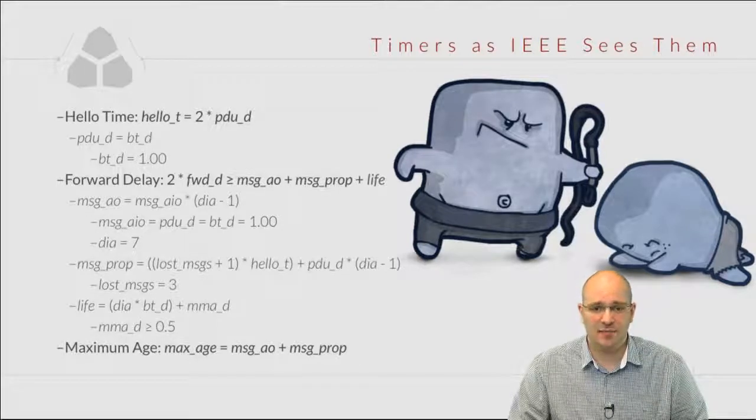Life is something that is called the maximum frame lifetime. It is calculated as diameter times BTD plus MMA_D. And MMAD is something that is called the maximum medium access delay. And maximum age is finally calculated as message AO plus message prop. As you can see, very simple.